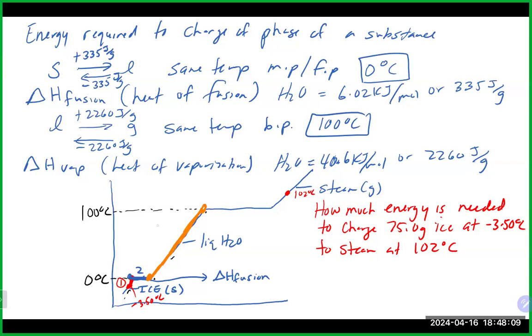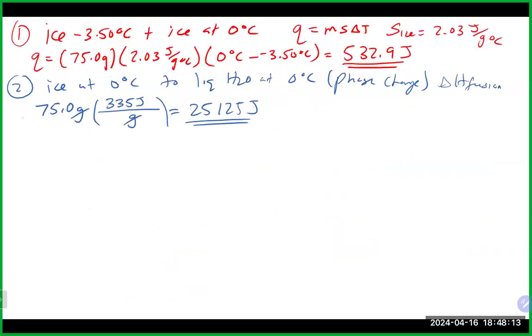So this is a situation where we are going from liquid water at 0 degrees Celsius to liquid water at 100 degrees Celsius. This is a situation where it is the same phase all the way through, but the temperature changes. So this is again where we go back to our specific heat equation at this point.